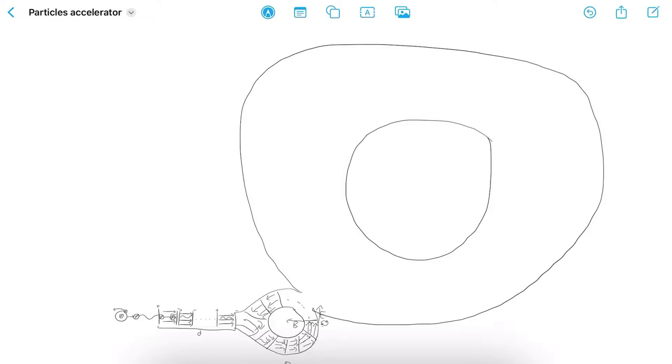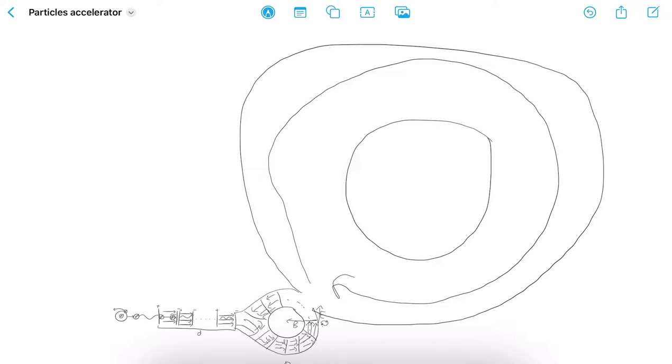Then we can put the protons inside this loop for it to travel faster, as the radius of this loop is much larger than the previous loop. So the stream of protons can travel at a much higher speed than it previously could.